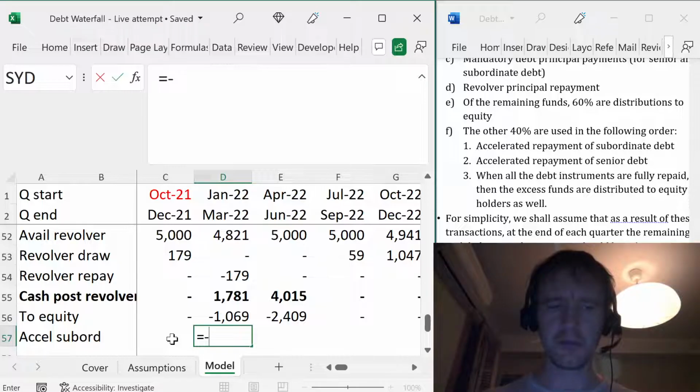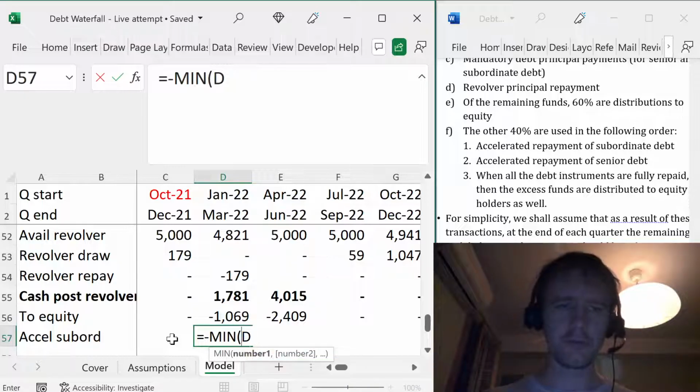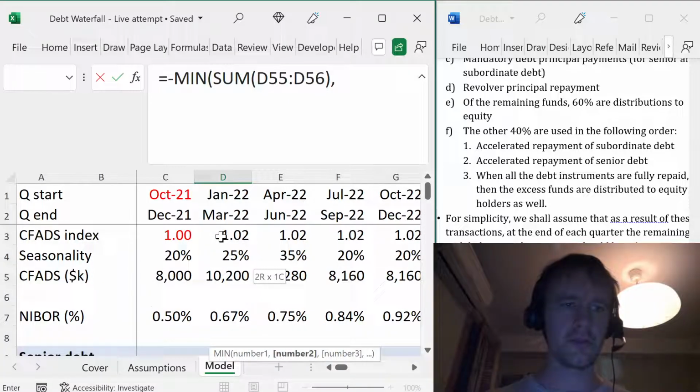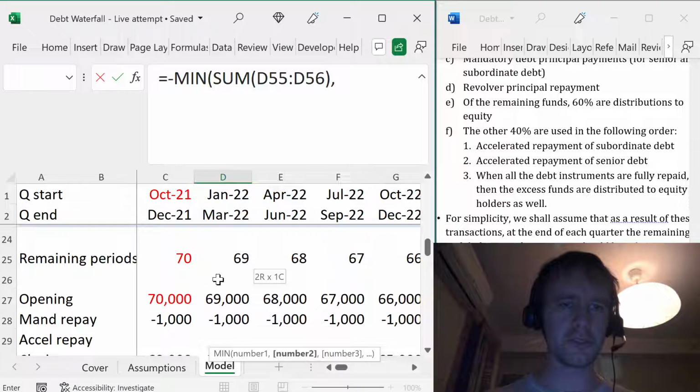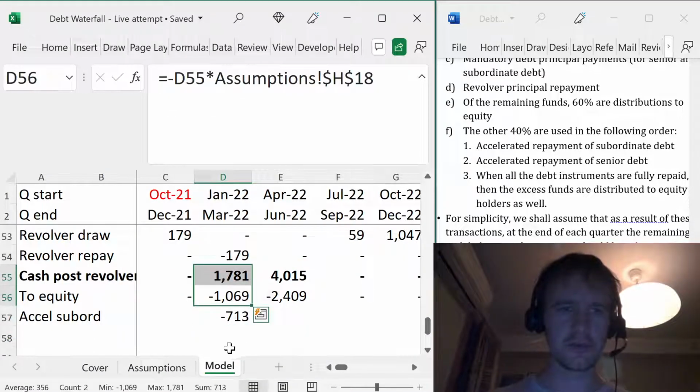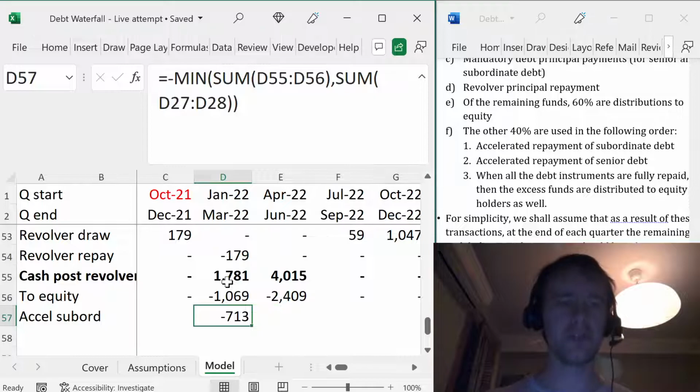So equals minus the minimum of, whoops, the most that I can give out is the total amount of money that's not given to equity, and then I will never give out more than the amount that's actually available to repay, which is this. So in this case, there's going to be 68 million left to pay, and there's going to be 700,000 left to pay it with, so that all goes there.